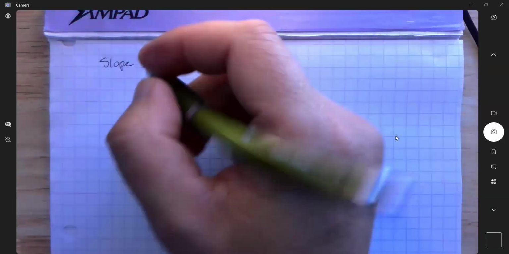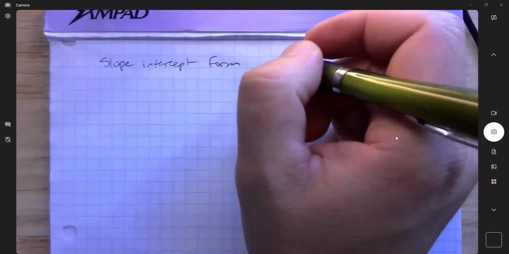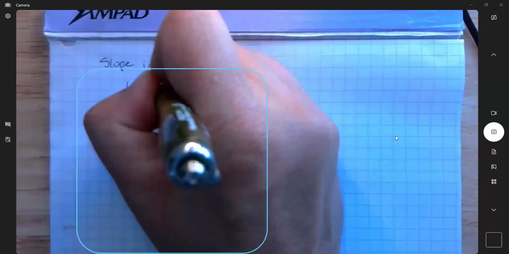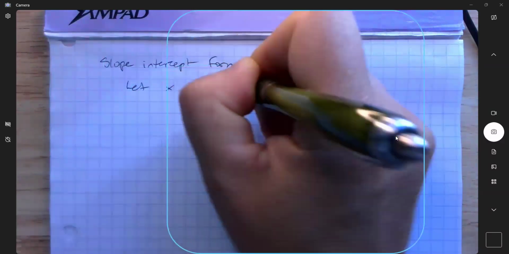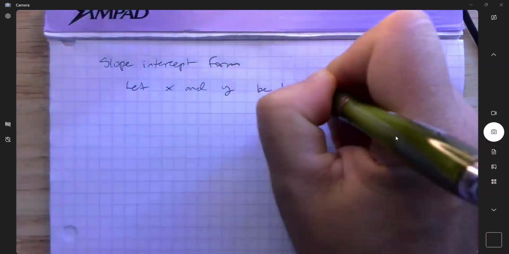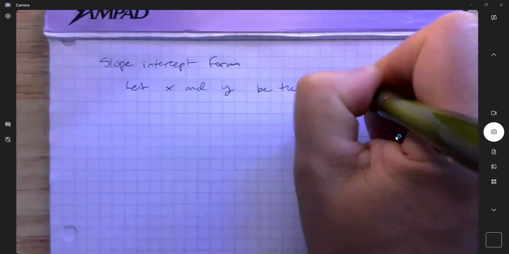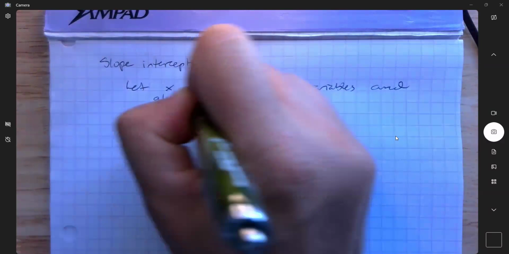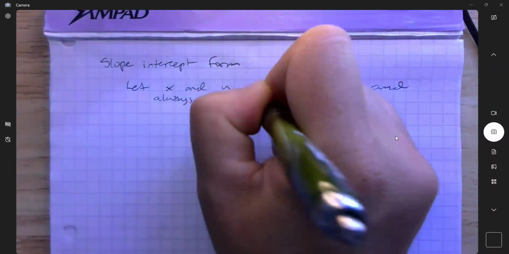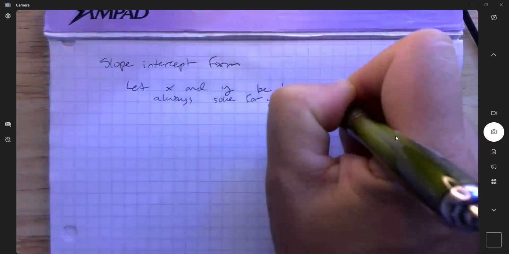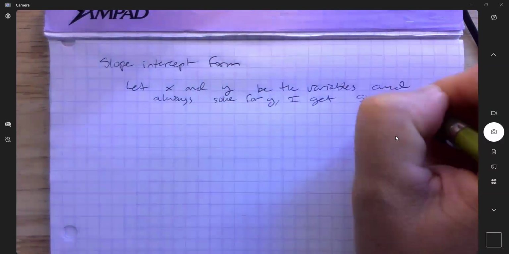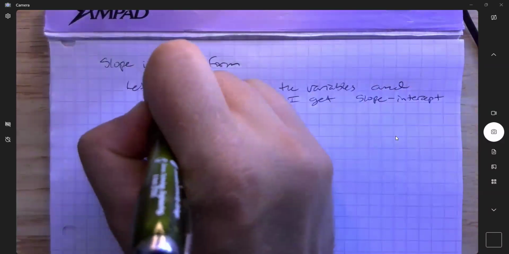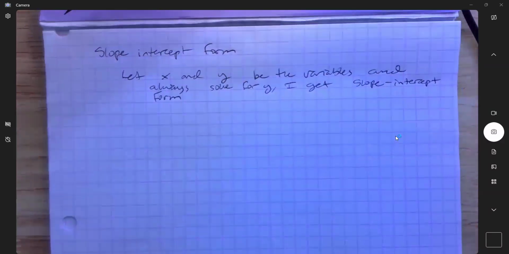But in general, an equation that has two variables can look a lot of different ways. But if I let x and y be the variables and always solve for y, I get what is called slope-intercept form.